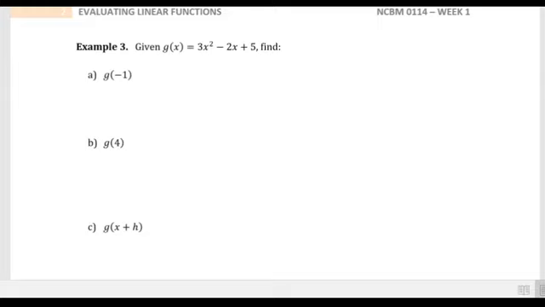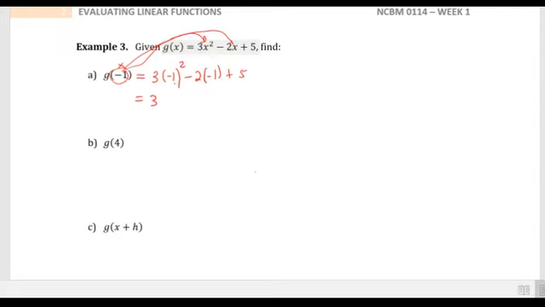So here they give us an actual function, an equation. So remember that your x is what's in the parentheses. And so what we're going to do is anywhere we see a negative 1, we're going to replace it in for every x that we see. So here we would have 3 times negative 1 squared minus 2 times negative 1 plus 5.